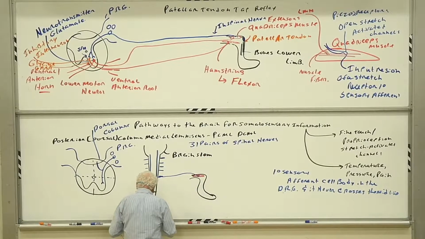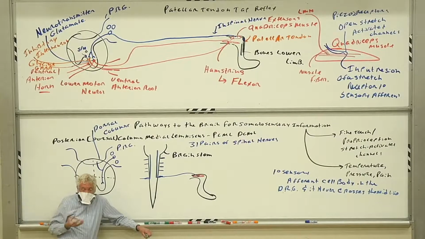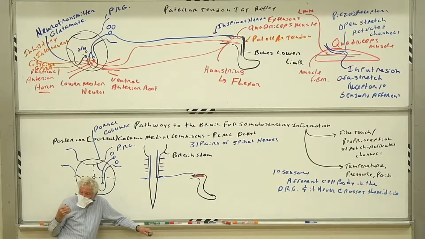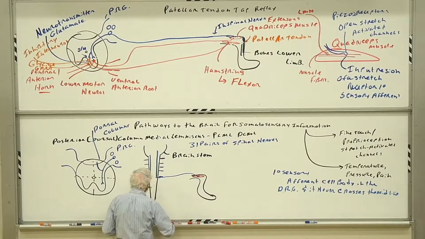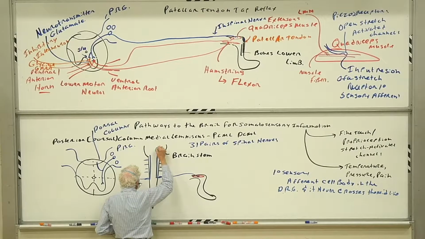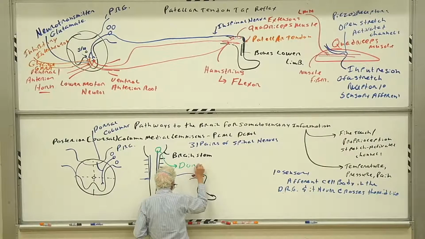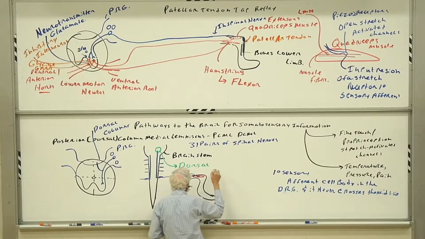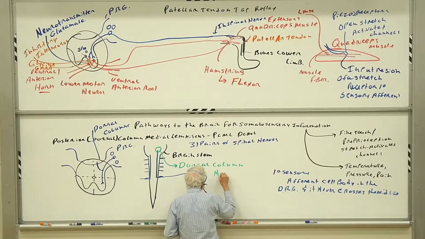Now, the brainstem is immediately above the first cervical vertebrae. That's right inside your skull. And we find that if we follow these pathways, we follow these neurons, they extend into the brainstem, and then in the brainstem, there's a region that I'll show in green. And this region is known as the dorsal, of course, also posterior column nuclei.